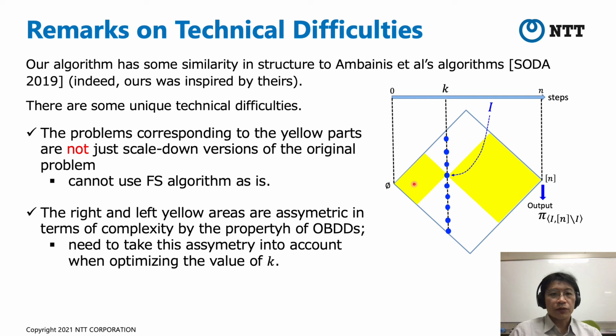Instead, we need to generalize the FS algorithm. And second, the right and left yellow areas are asymmetric in terms of complexity by the property of OBDDs. So we need to take this asymmetry into account when optimizing the value of k.